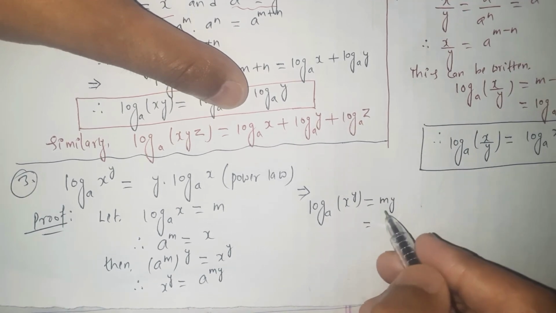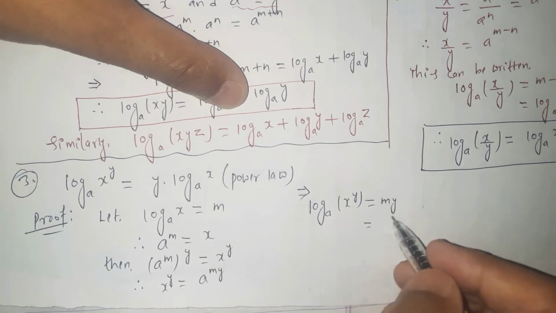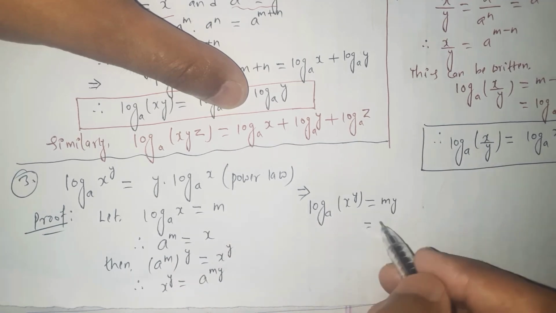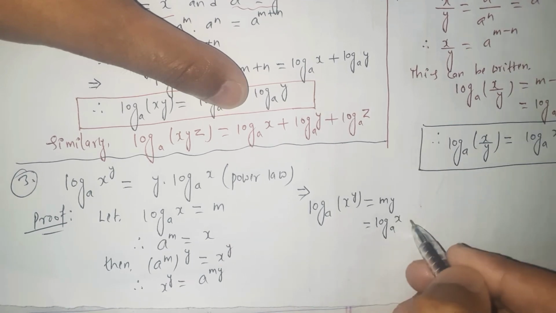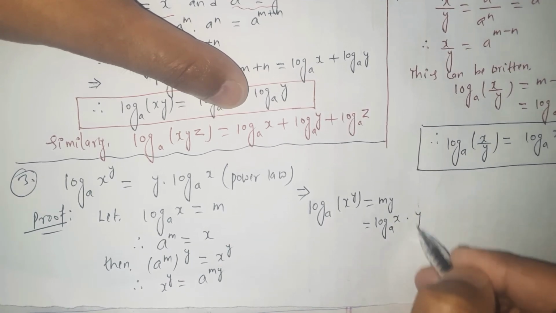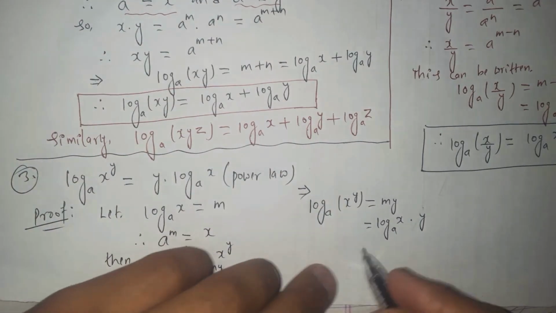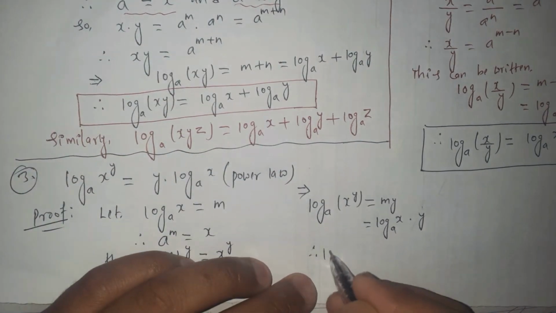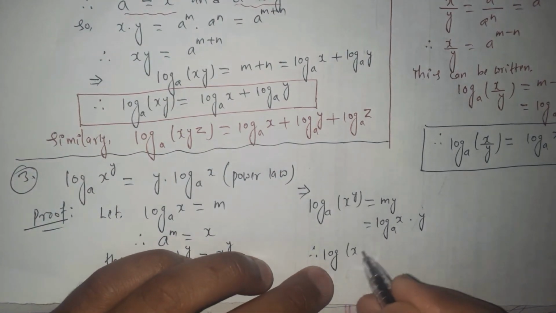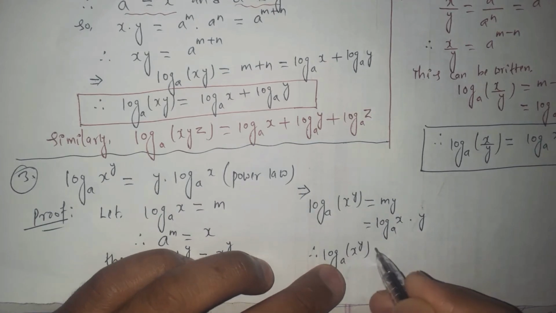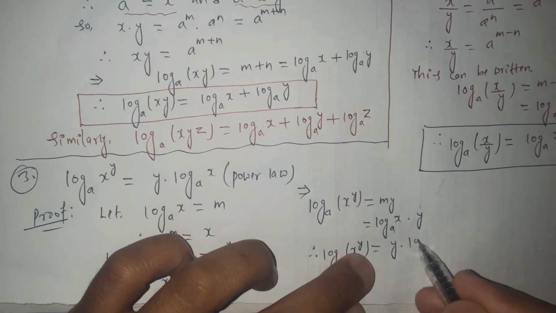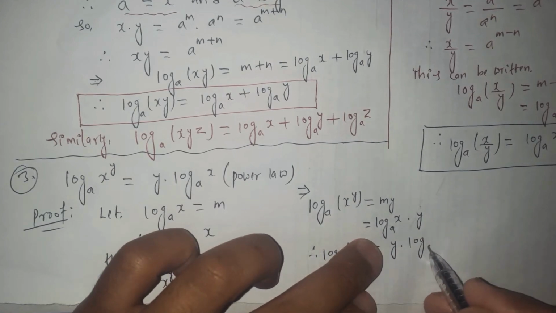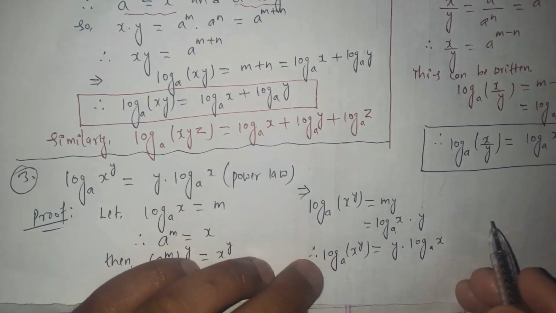And let's substitute the value of m. Here m is supposed to be the log of x with base a. Therefore, we have the log of x to the power y with base a, and this can be written as y times log of x with base a.